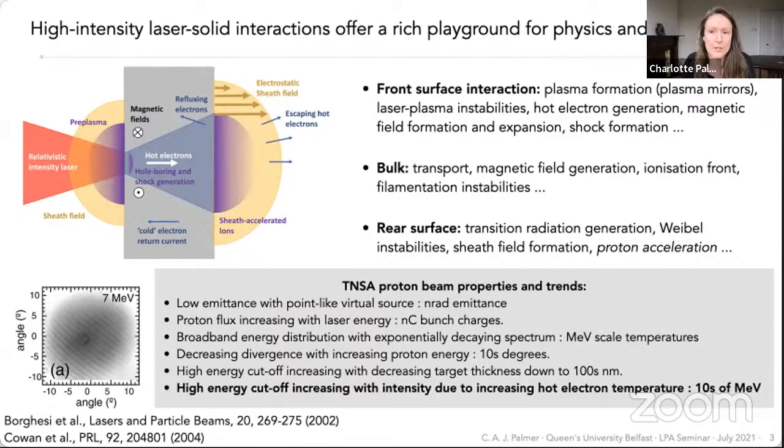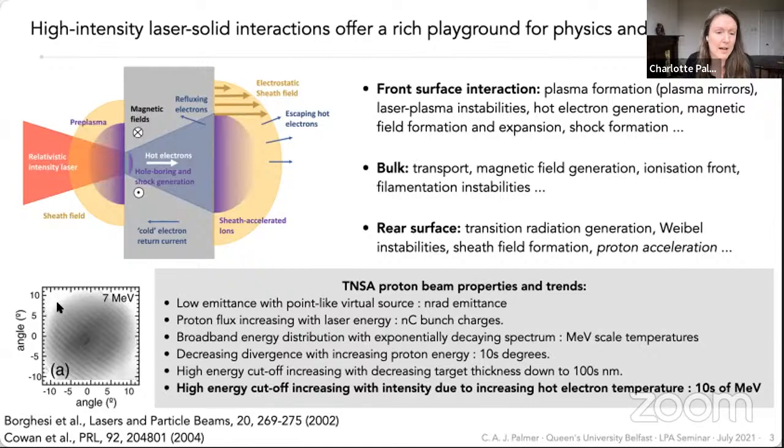And in the gray box, you can see some of the proton beam properties and trends that have been determined specifically for target normal sheath accelerated proton beams, which is the mechanism that I just described. So these are typically very beam-like beams with sharp gradients in flux at the edge of the beam. And you can see an example on the bottom left.